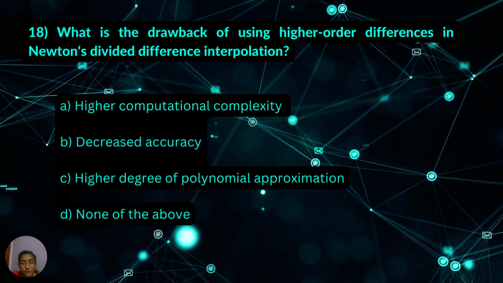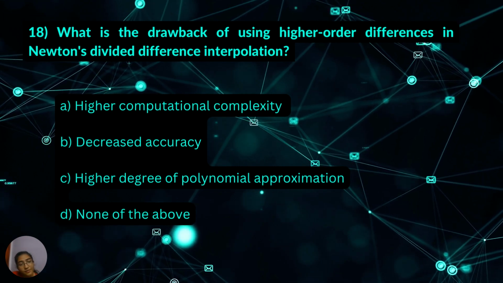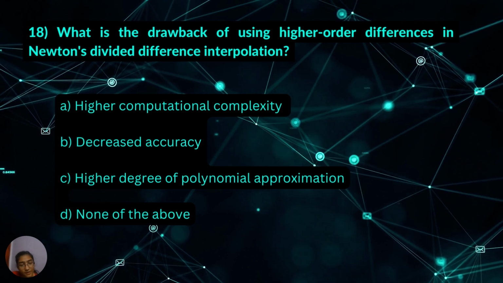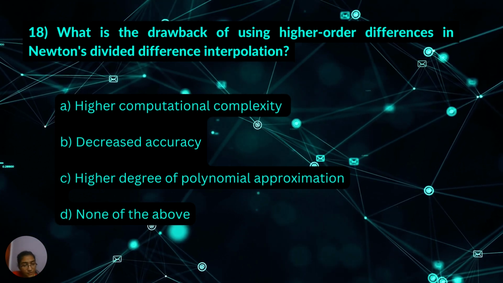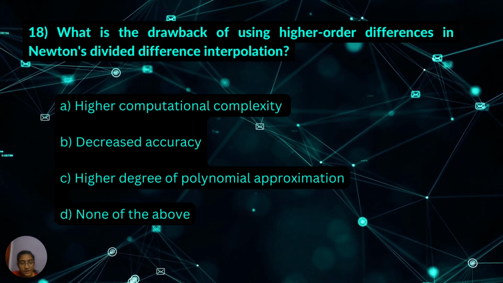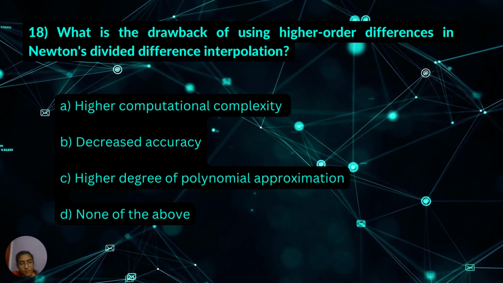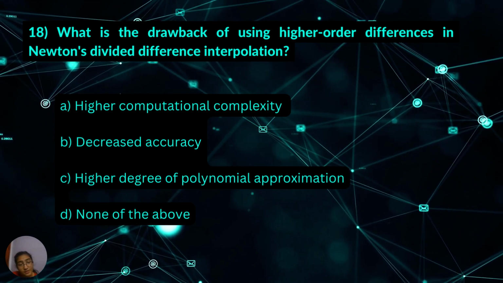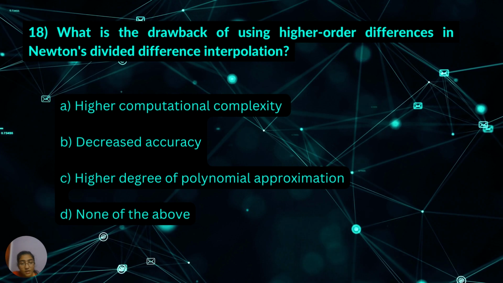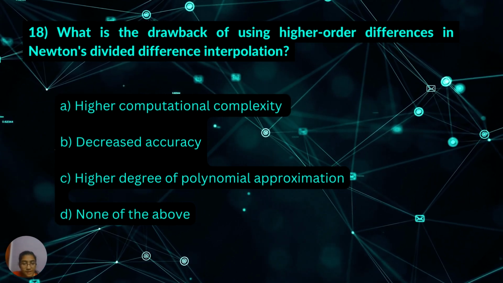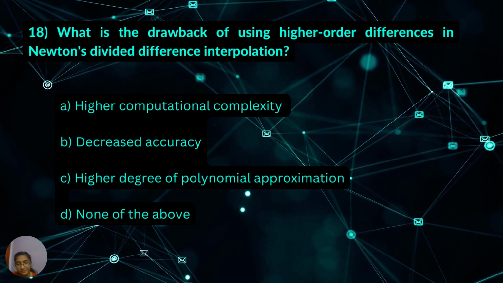What is the drawback of higher order differences in the Newton divided difference interpolation? A. Higher computational complexity, B. Decreased accuracy, C. Higher degree of polynomial approximation, or D. None of the above. The drawback here is obviously higher computational complexity.